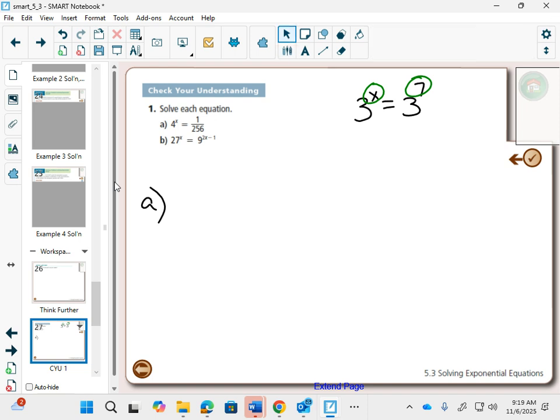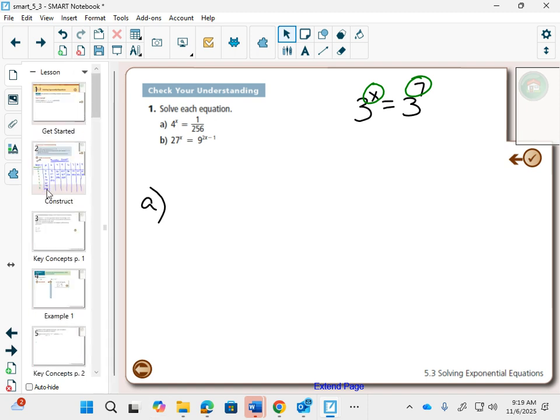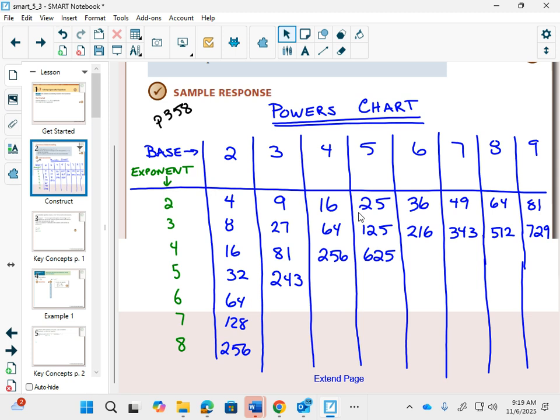And I'm going to go back to my powers chart and say, do the numbers 4 and 256 ever happen in the same columns? And actually this one happens in the same column twice. Do you see that 4 and 256 happened to be powers of 2? And 4 and 256 also happen to be powers of 4. Because 4 is 4 to the 1, and 256 is 4 to the power of 4.